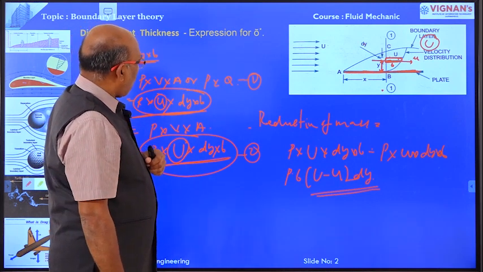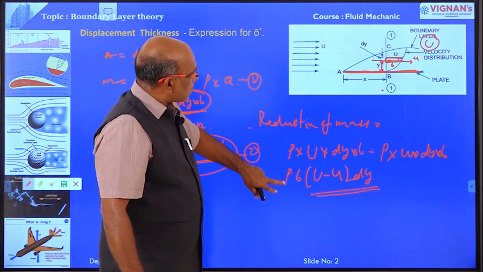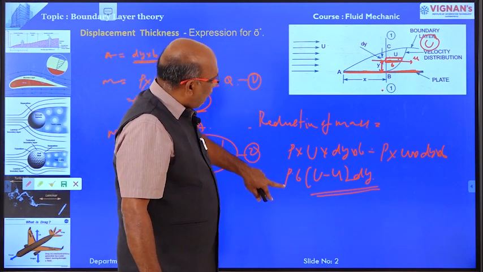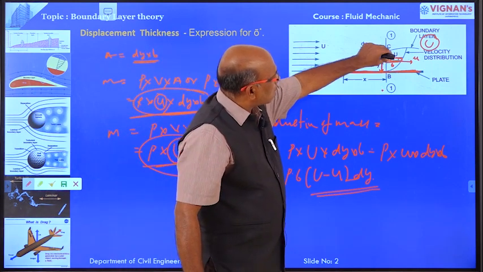Now this is the reduction of mass only through this strip.